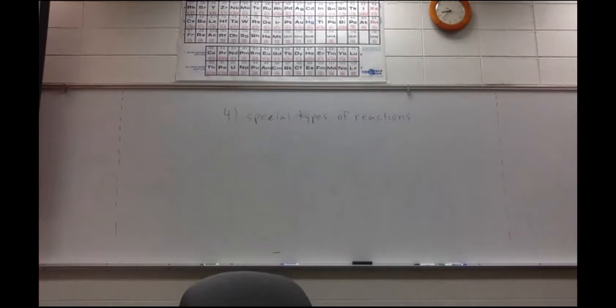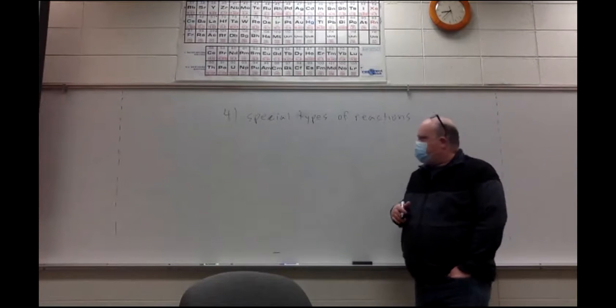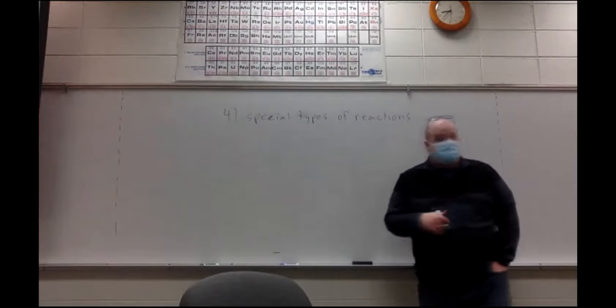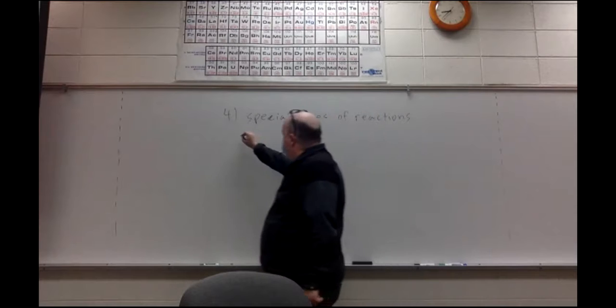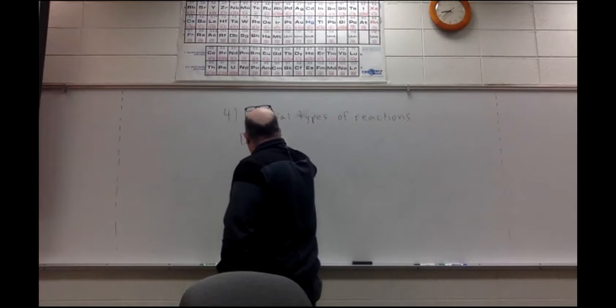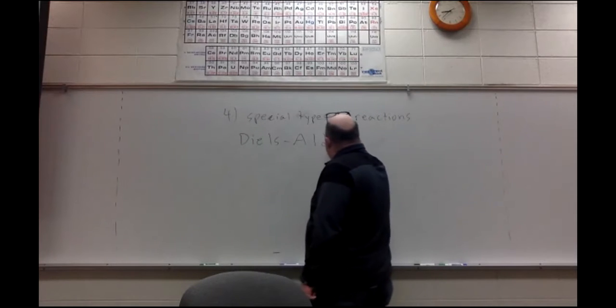We've seen one example of this already. We saw this with the 1,2 and 1,4 addition. However, we're about to delve into a very specialized type of reaction that's a little bit more in depth. It's used in a lot of different commercial applications. And that is called the Diels-Alder reaction.